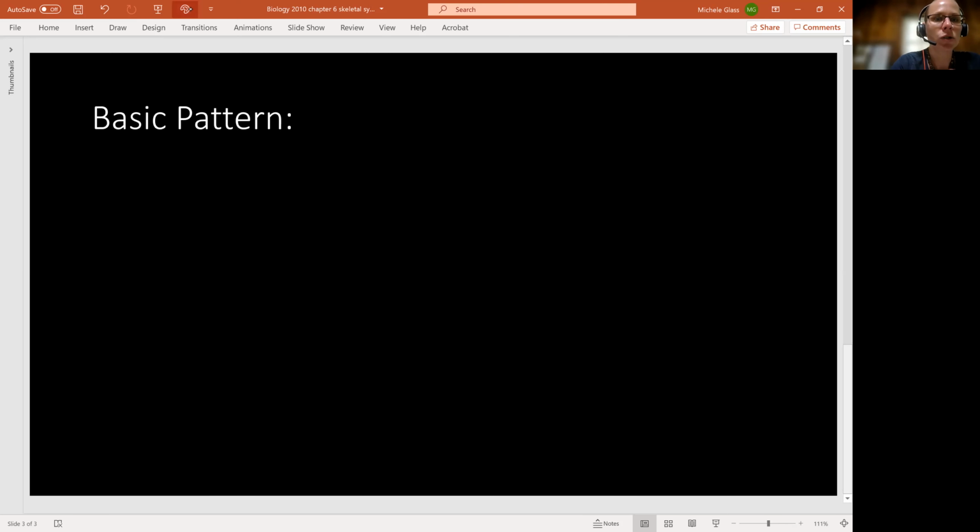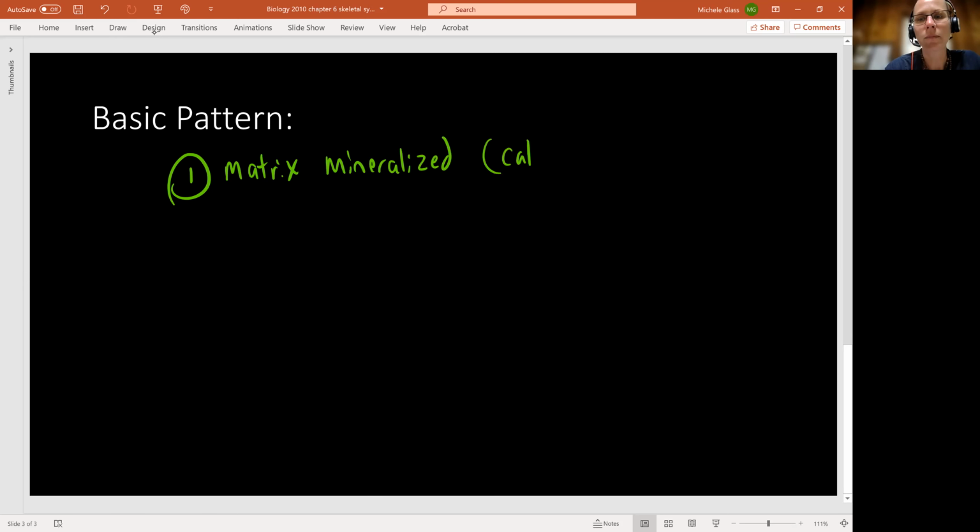Let's try to break this down into an easy pattern. I would start by saying the matrix is mineralized. Mineralized is a fancy word for calcified. A cartilaginous matrix is going to have collagen fibers. The thing that makes that different from bone is the mineralization.